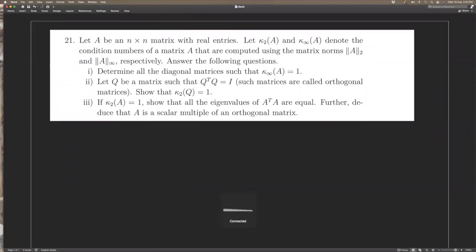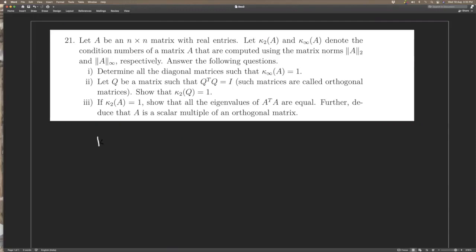The problem says that you have an n cross n matrix A, and kappa 2 and kappa infinity of A are the condition numbers of the matrix computed using the subordinate matrix norm corresponding to the Euclidean norm and the L infinity norm.